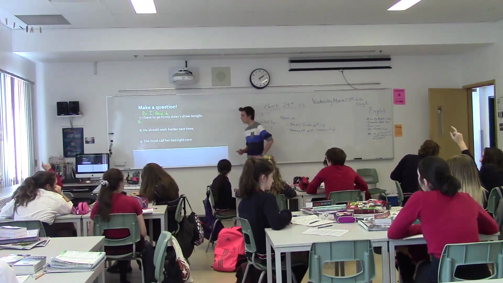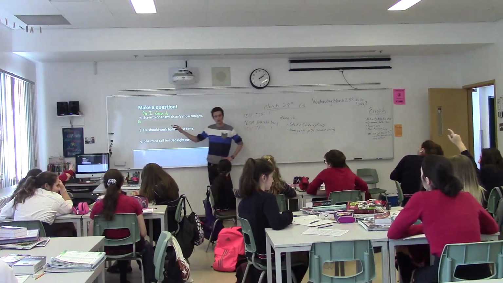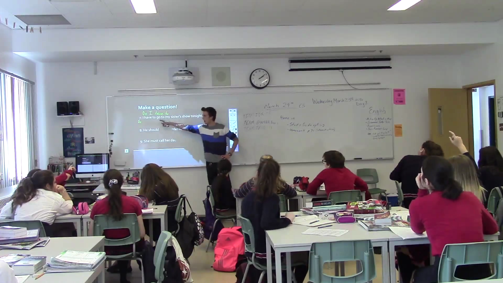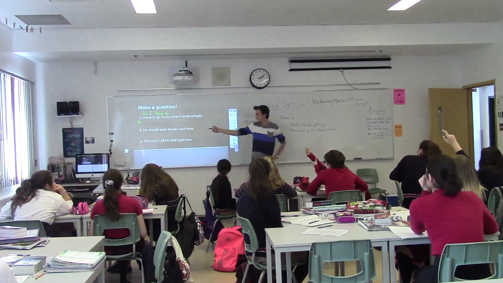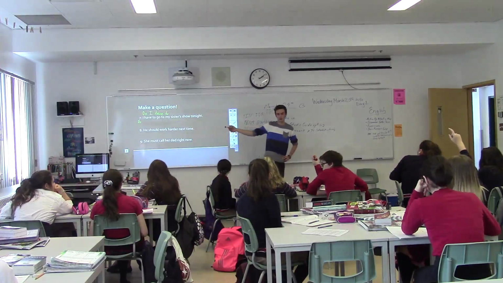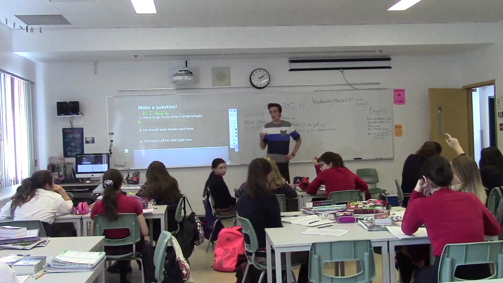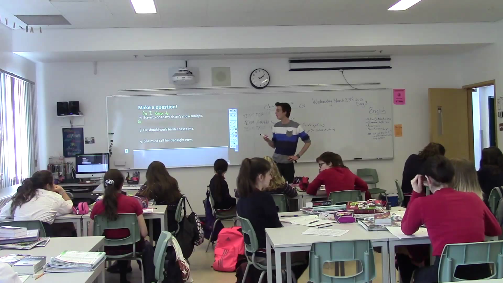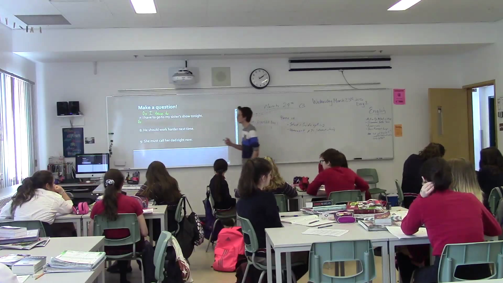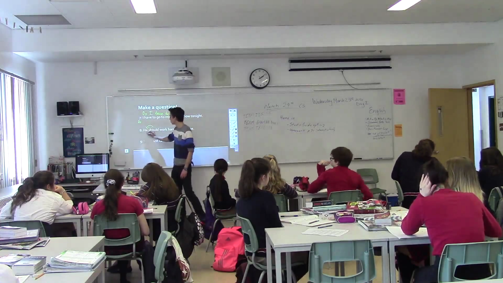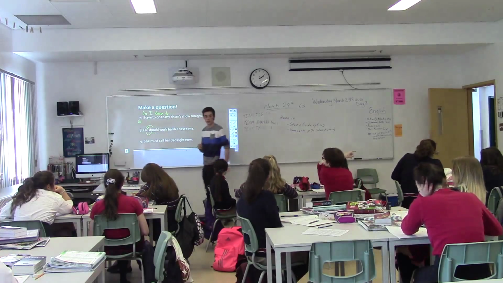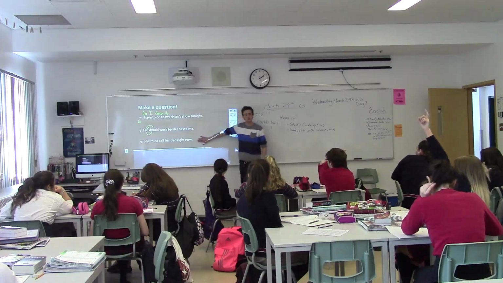Okay. Do we need to have do in front? Or is it just with have to? I think it's just with have to, right? Okay, so what could it be? Should he work harder next time? So you switched he and should. That's right. Okay, last one.